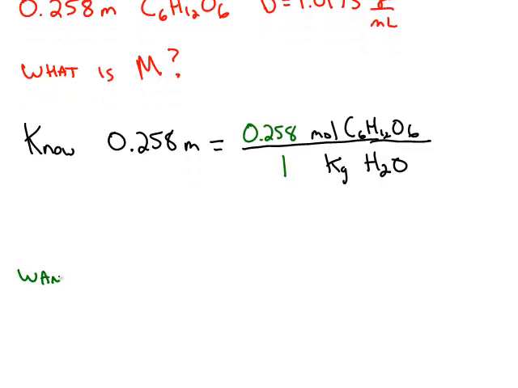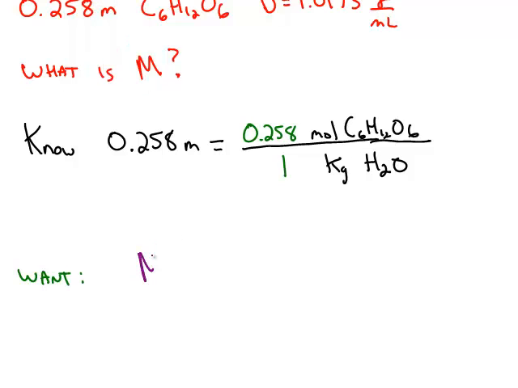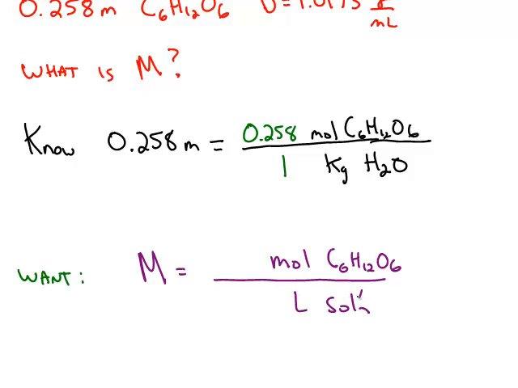Then we write the fraction that we want. The fraction we want is capital M, moles of glucose divided by liters of the solution. So if we can figure out the two parts, numerator and denominator, we'll have our answer for molarity.